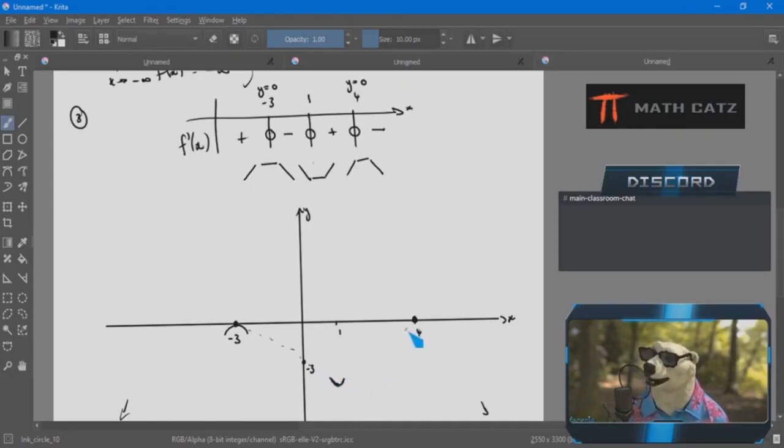Then at 4, we're making a little crest again. That does fit with the long-term behavior from step 2, that they're both going down far to the left and right. So everything seems good so far. I'm increasing from 1 to 4, decreasing down, increasing all the way to -3. Everything seems to work. So far, so good.